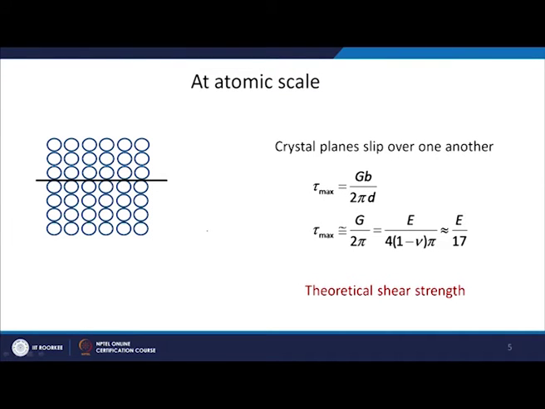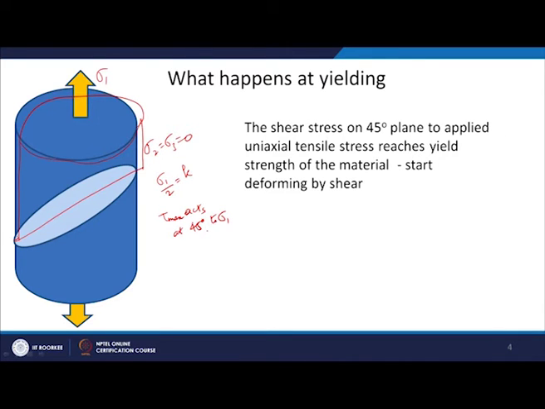Now, at atomic scale, till now we were considering this whole system as a continuum. We were not saying that anything is there, it is a continuum. But at atomic scale, when we want to understand the deformation, actually there are atoms.